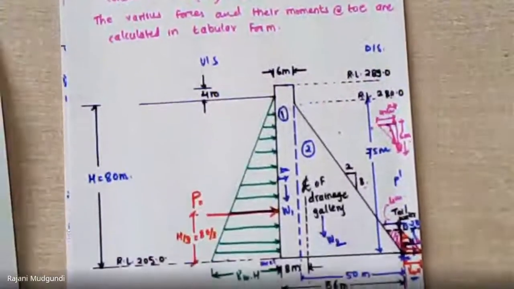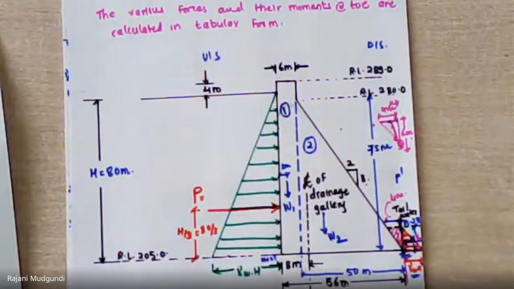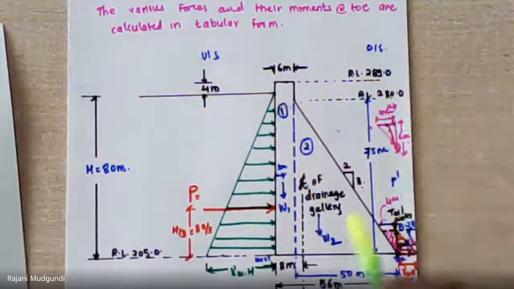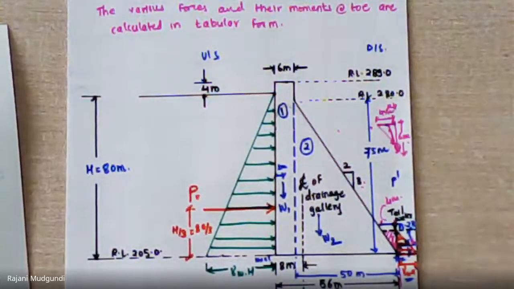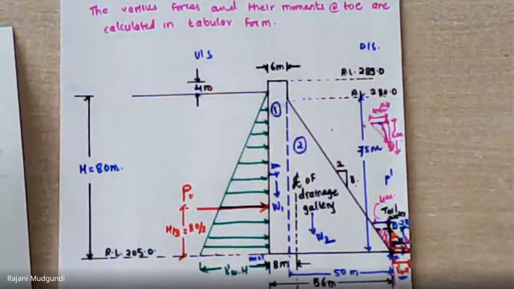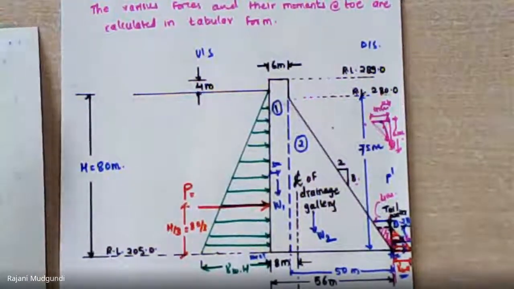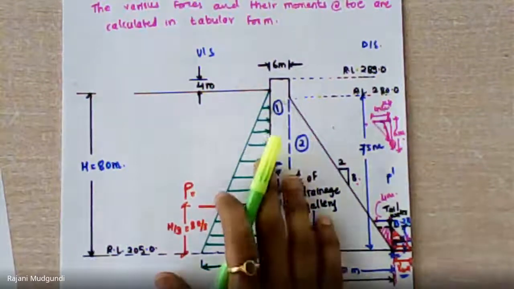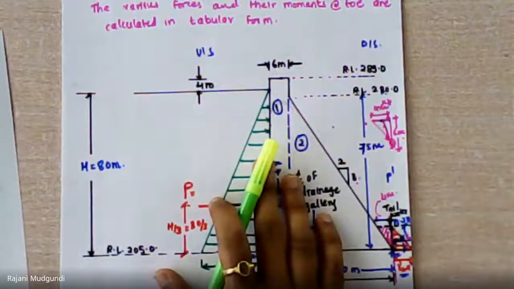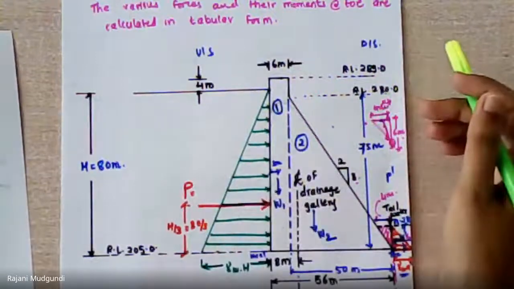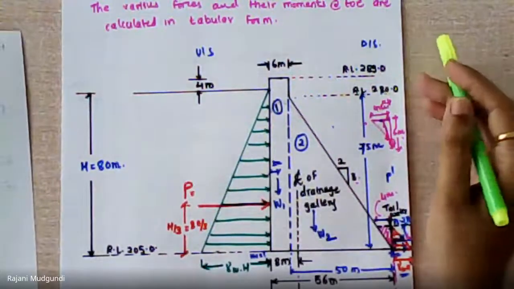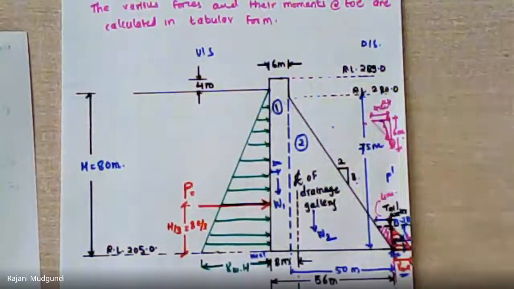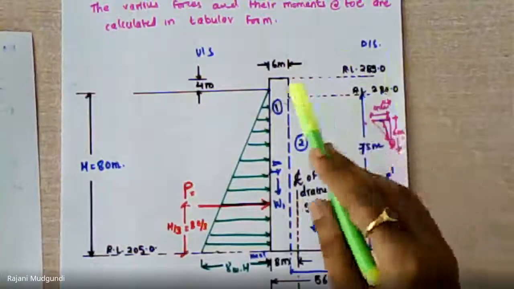So this was the dam cross-section that they have given, right? All the RLs have been mentioned in the problem. With that, we started the analysis of this dam to calculate the required stresses. The first force that we have calculated is the self-weight of the dam, in which we have divided the geometry of the dam into two portions.